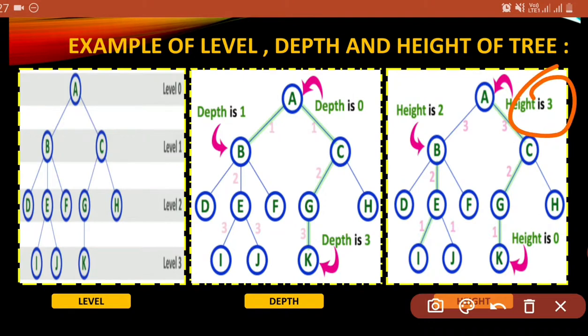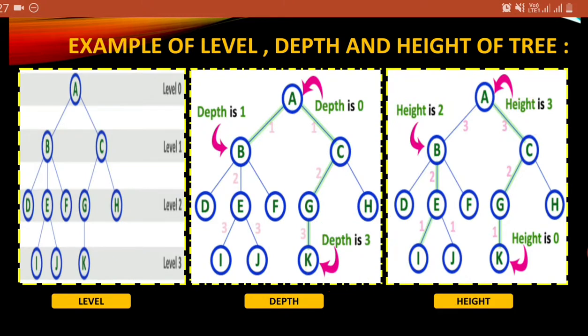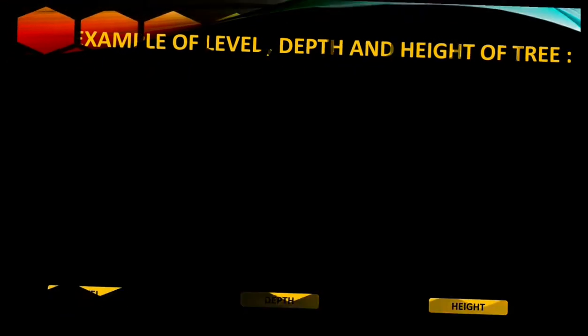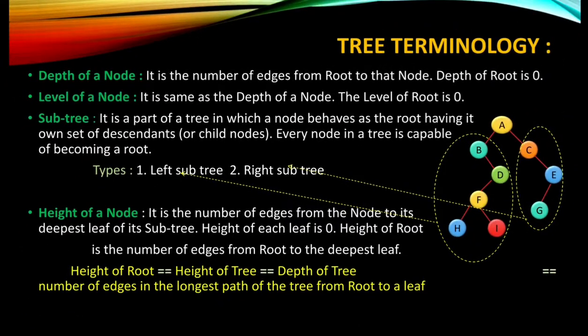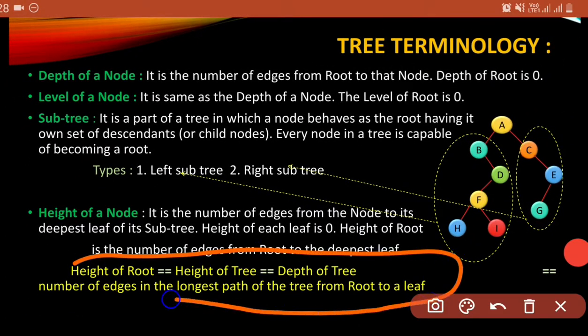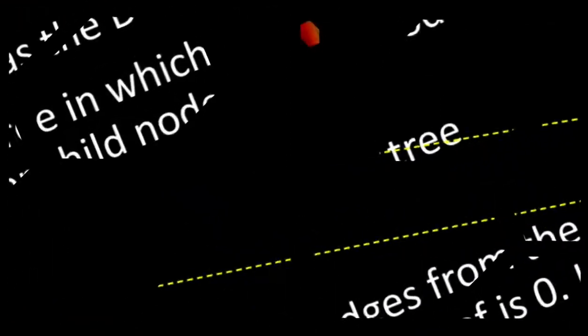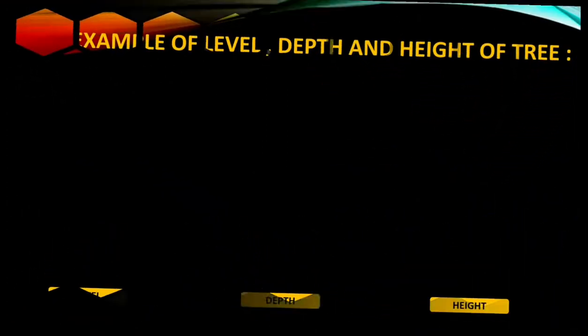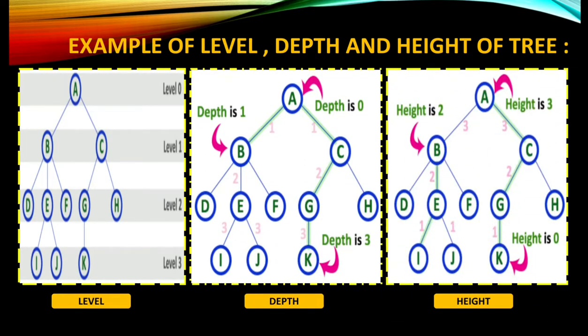Height of the tree is 3, depth of the tree is 3 and level is 3. That's why we can write in this way also, that all of them were of the same value. And now I'm moving further with these things so that you can keep all of them in your mind.